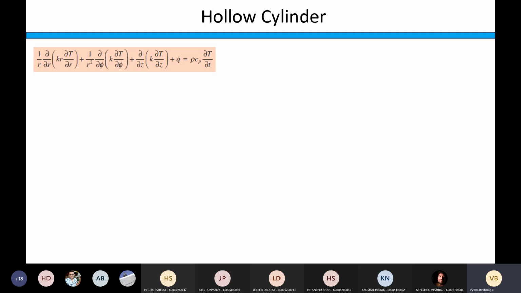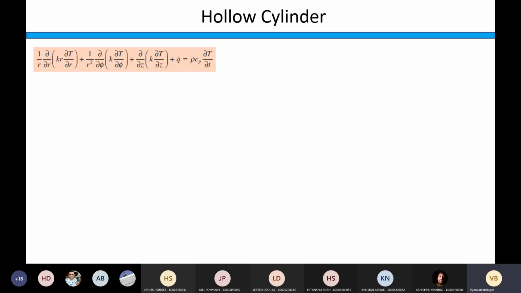Note down, this equation is not written in terms of the property thermal diffusivity. Reason being, k is considered as a variable with respect to this radius r. That's why in the first term you will find that k is kept inside the bracket, and similarly in the second and third term you will find that k is also varying with phi and z, right?